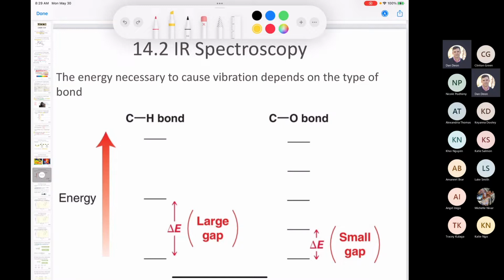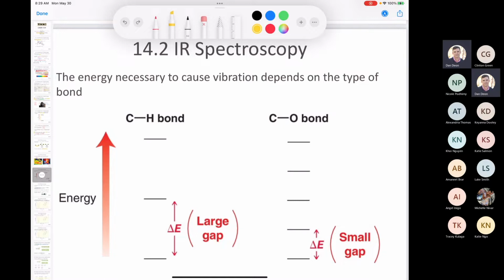Well, you see that the energy gap between the stretching frequencies for the carbon-hydrogen bond is bigger than that between the carbon-oxygen bond. Now, if you're a student, which I know you all are, you might be going, well, why is that? Why would they have different energy gaps between their stretching frequencies? Well, we're going to get into that in detail in a few minutes.